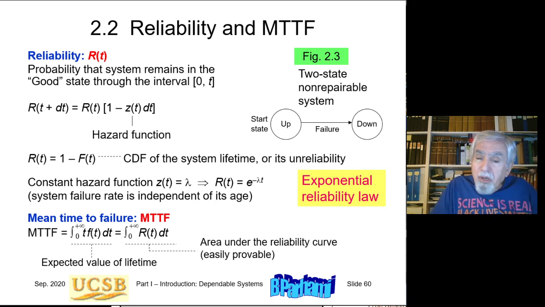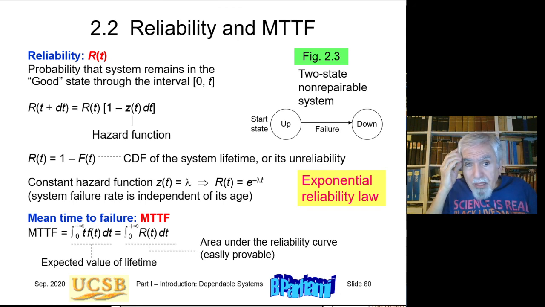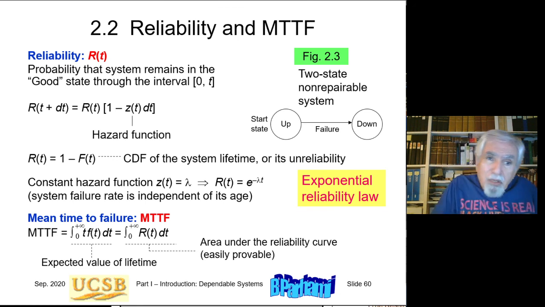Okay, so how do we model the system? Here is basically an equation. Reliability is the probability that the system remains in the good state through the interval 0 to t. So consider reliability for the interval t plus dt, a slightly longer interval than this t.